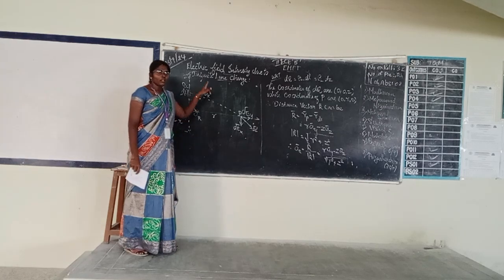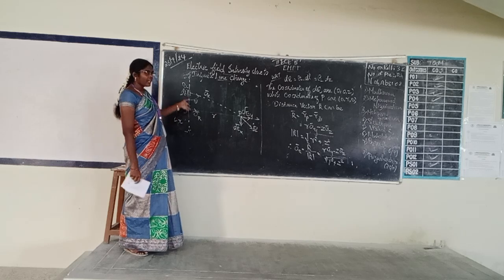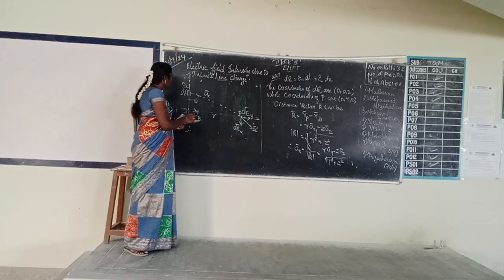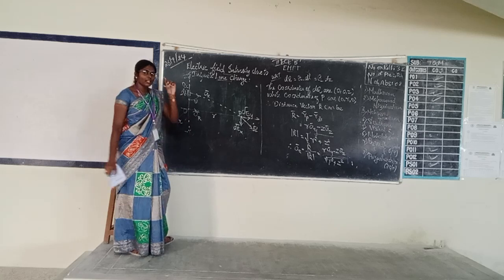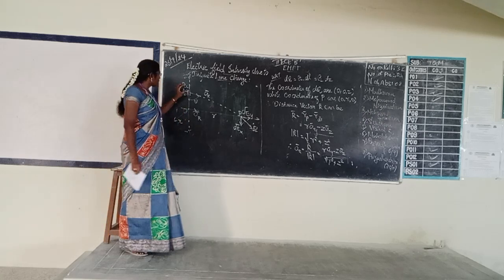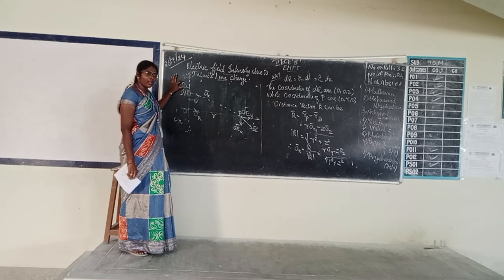For electric field intensity due to infinite line charge, I have taken an infinite line. In the infinite line I am considering a small reference line, which is considered as dl, and its charge density is rho l.